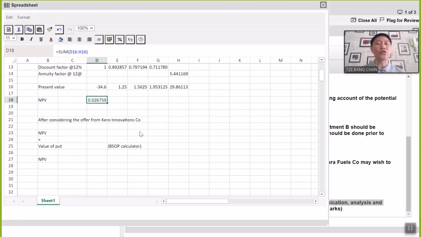Now, time for us to consider what happened to the NPV after considering the option. As mentioned a moment ago, we have to derive the net present value before considering the option, which is from the above. Then we have to determine the value of the put option, which is carried by the flexibility to abandon the project. This figure is found from the B sub calculator.